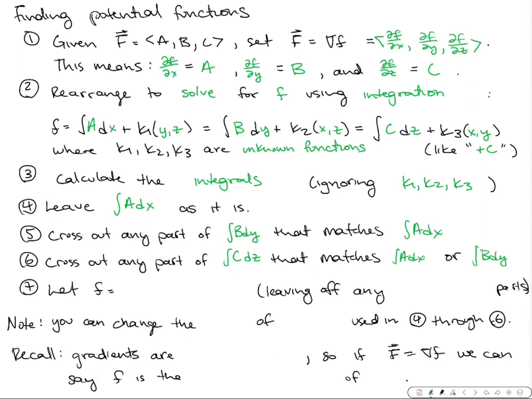And then once you've done that for the three different integrals, you're going to take f and make it the sum of everything you found in parts 4, 5, and 6. The only reason this isn't a flat sum of these three integrals is because we're going to leave off any of those terms that we crossed out in steps 4, 5, and 6.